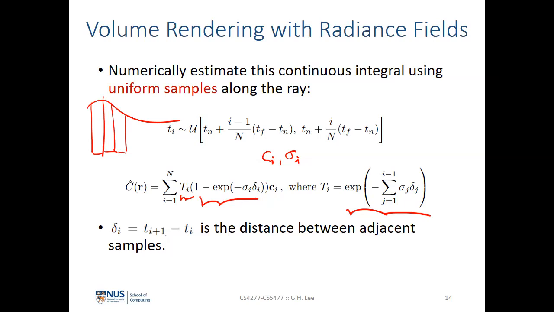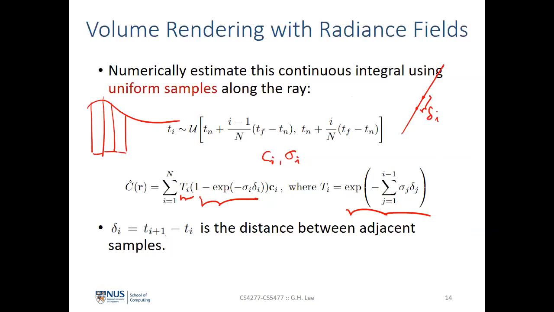So you are stacking everything together, and that's why you get that 3D rendering effect. Also, delta here is the distance between adjacent samples. So if you have a light ray between sample i and sample j, the distance between these would be delta i.